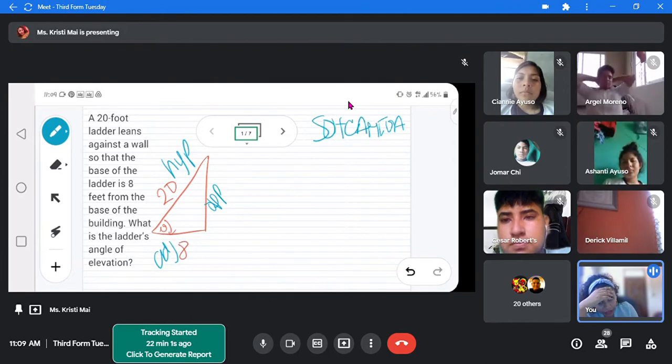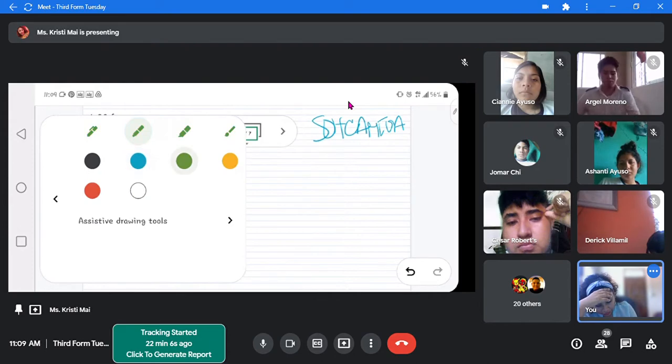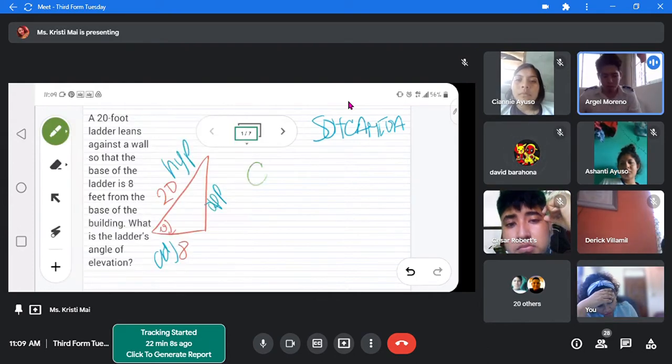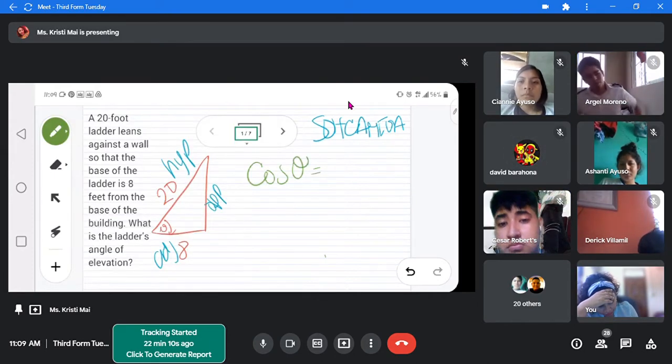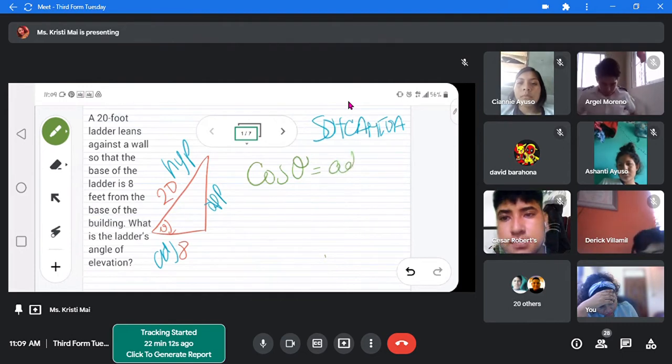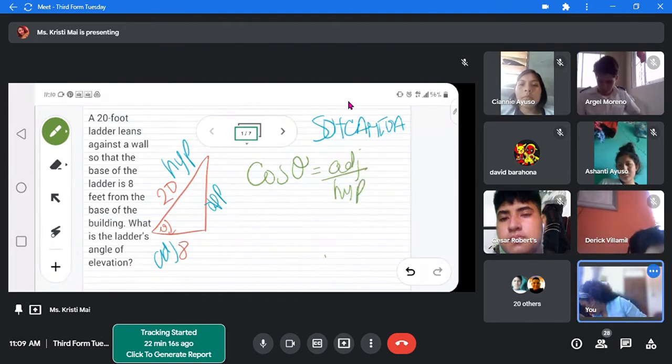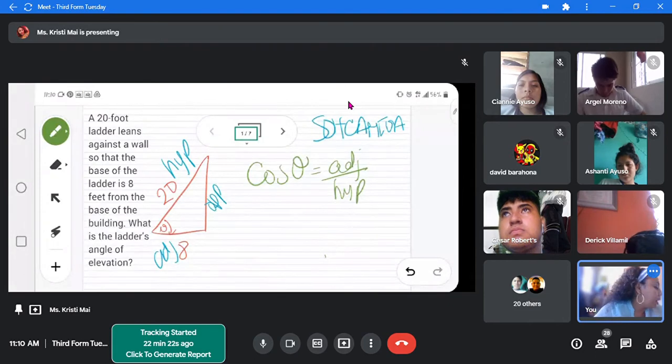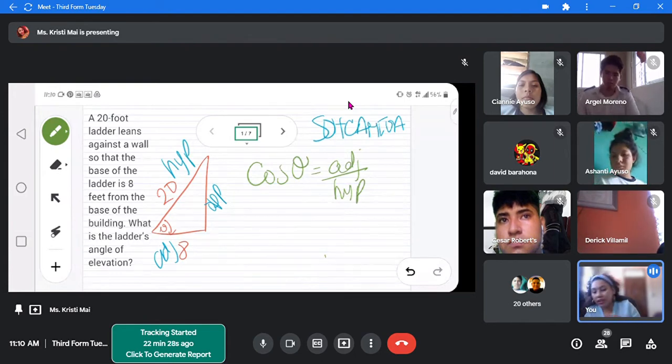Which formula has hypotenuse and adjacent? Cosine, very good. Adjacent over hypotenuse. Now I will substitute what the question is giving me.